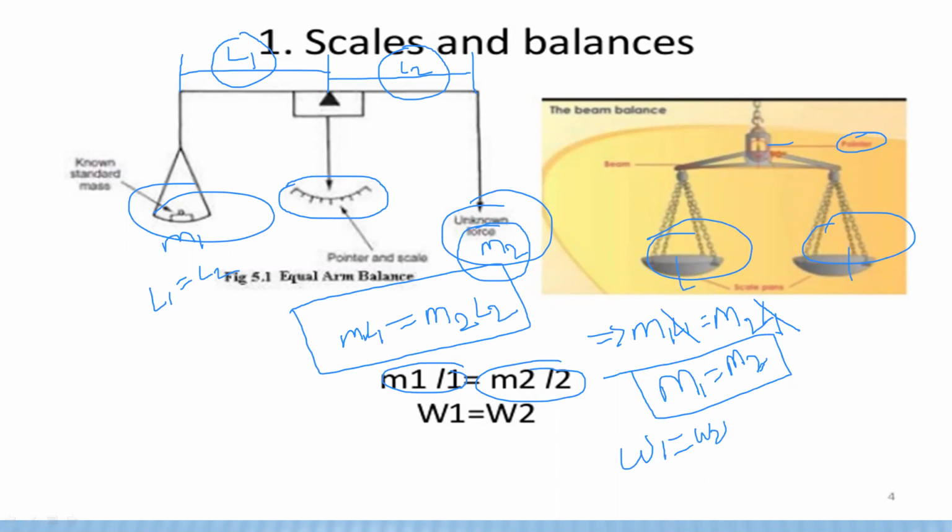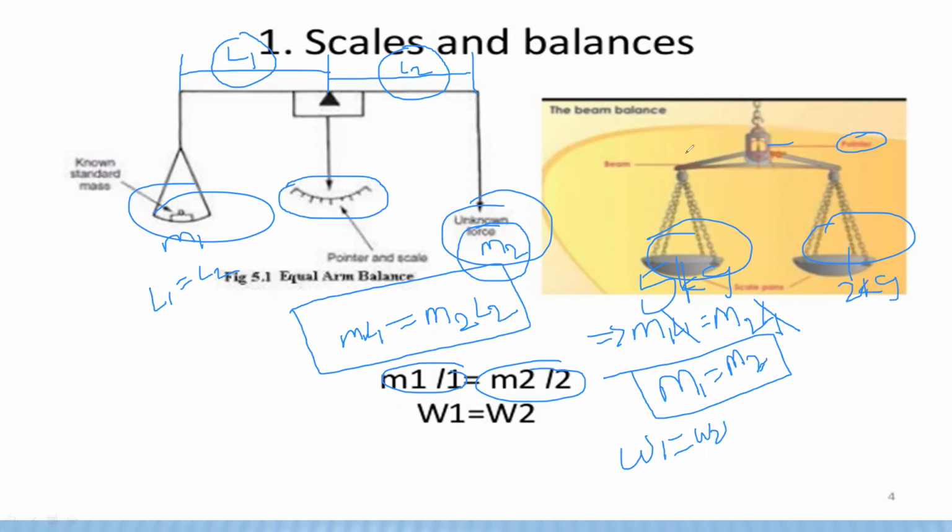Whenever we add some amount of standard mass, suppose I am adding 5 kg of weight on this left side arm, and I'm adding only 2 kg of weight on this right side.